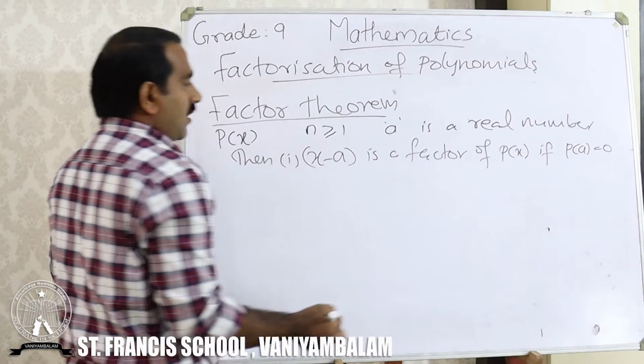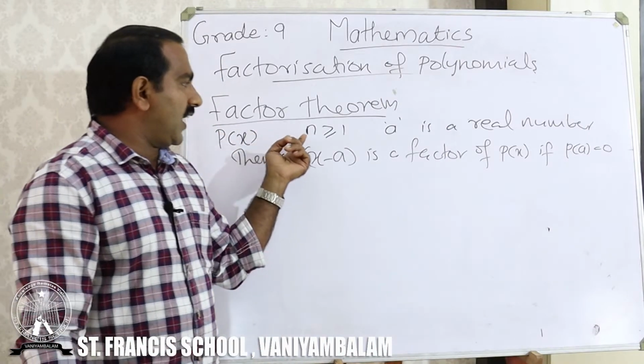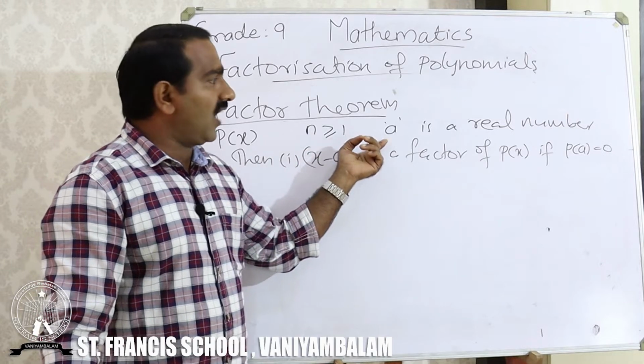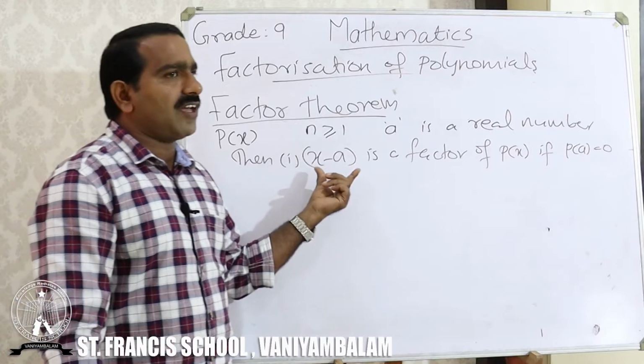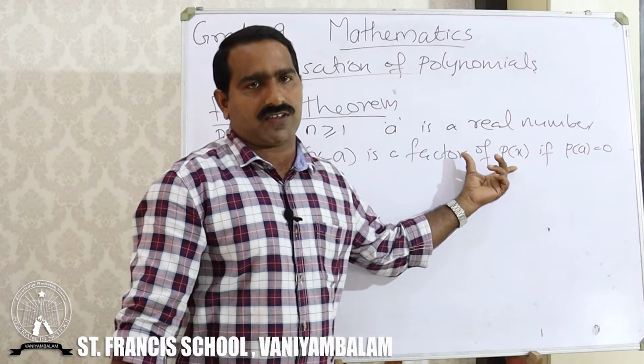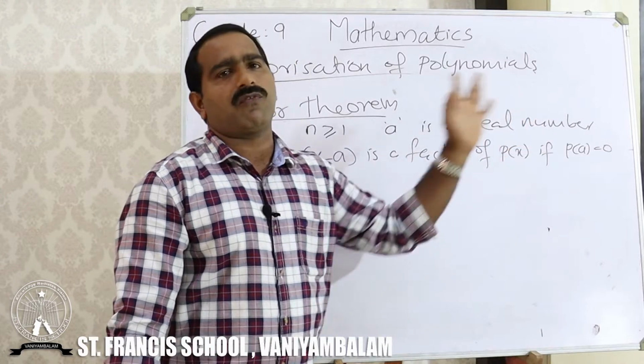The theorem says that P of x is a polynomial of degree n greater than or equal to 1 and a is a real number. Then first, x minus a is a factor of P of x if P of a equal to 0.